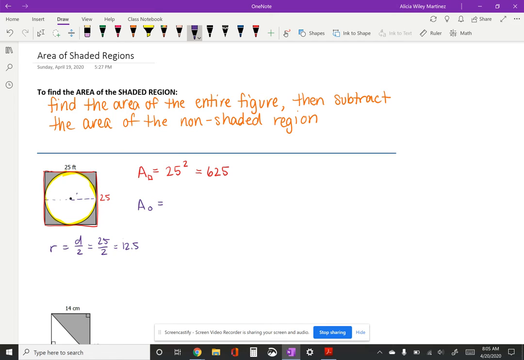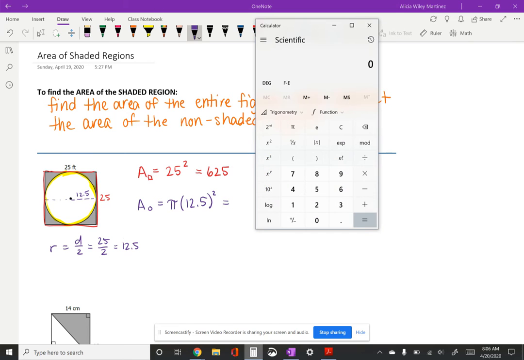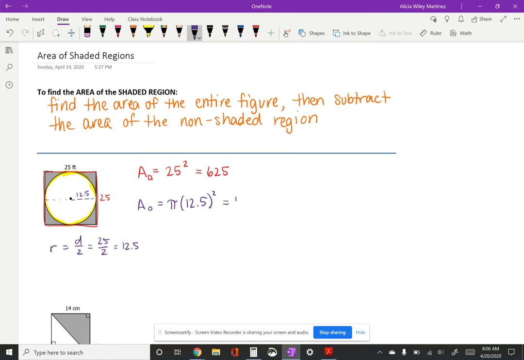The area of the circle is pi r squared, so pi times 12.5 to the second power. You'll put that into your calculator. 12.5 squared times pi is 490.87, to 2 decimal places.